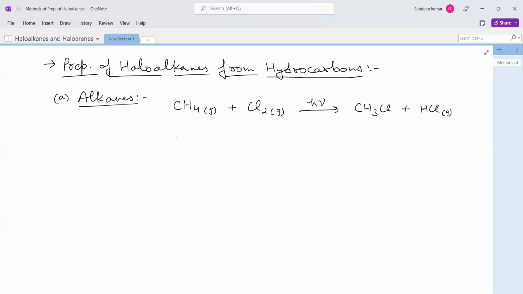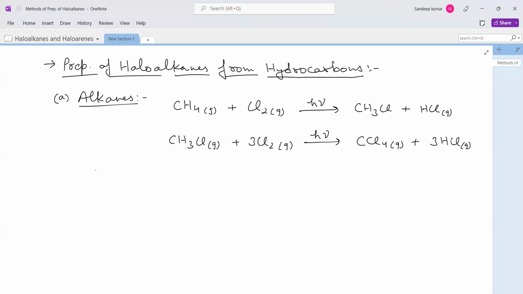It continues till all the hydrogen present in this methane are replaced with chlorine, and ultimately leads to the formation of carbon tetrachloride plus HCl as the side product.